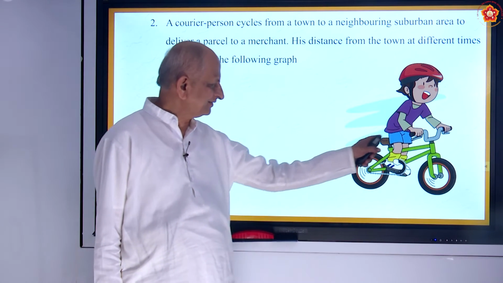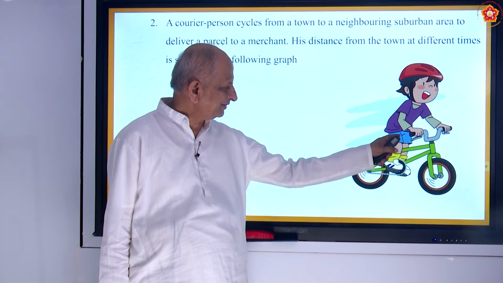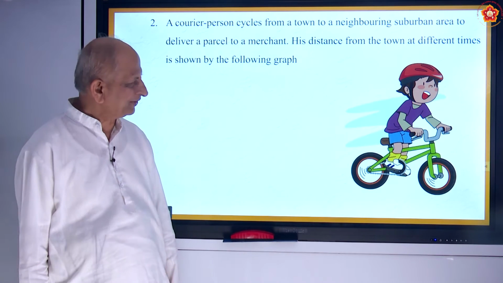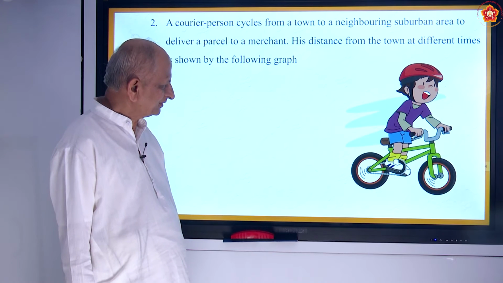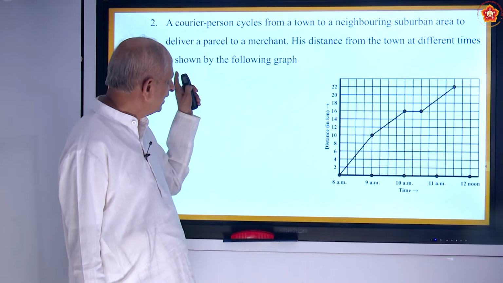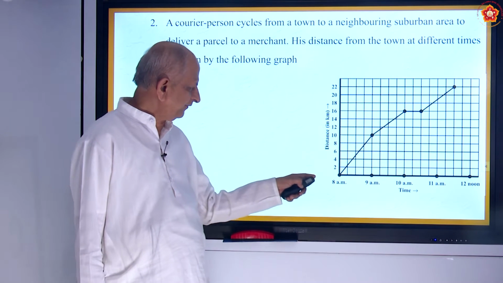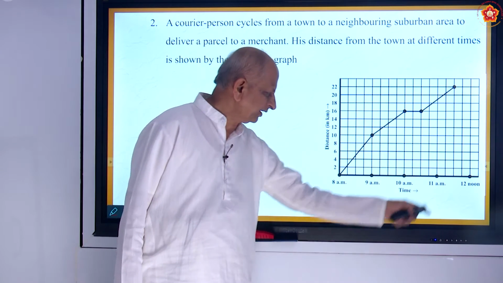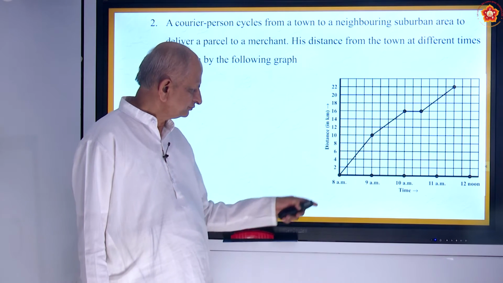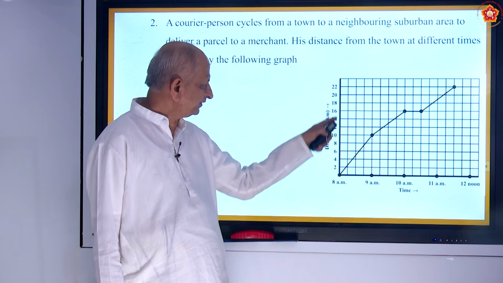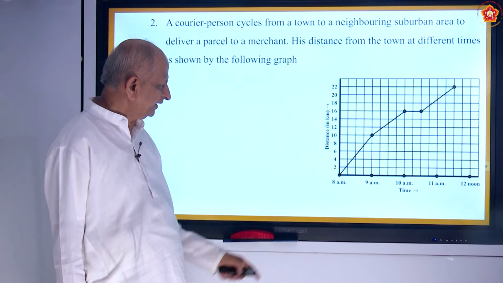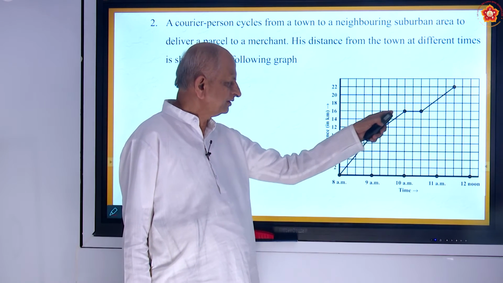This is a cycle, and he will have one bag with him, containing different kinds of articles. Okay. And now the graph is there. In the x-axis time is given, and in the y-axis distance in kilometers is given. And this graph shows about a courier man.